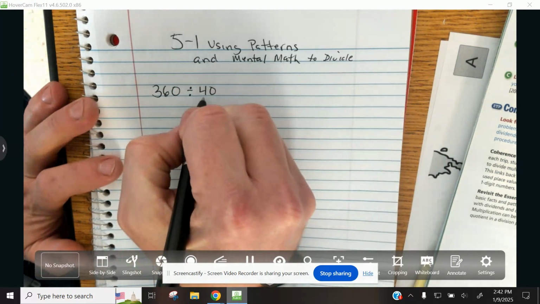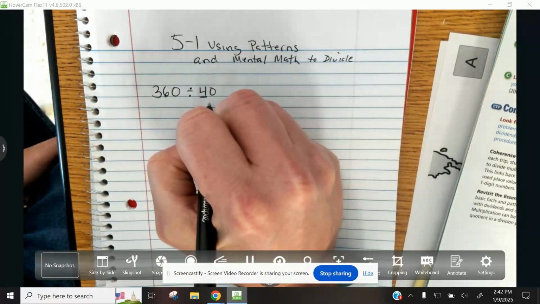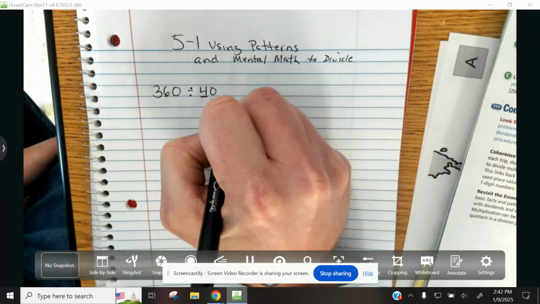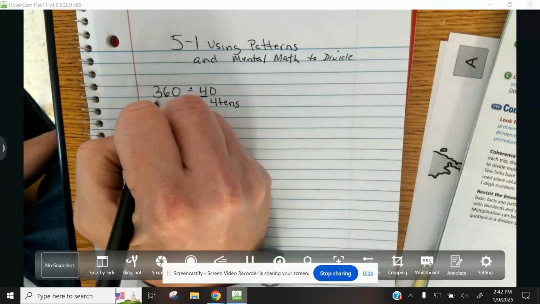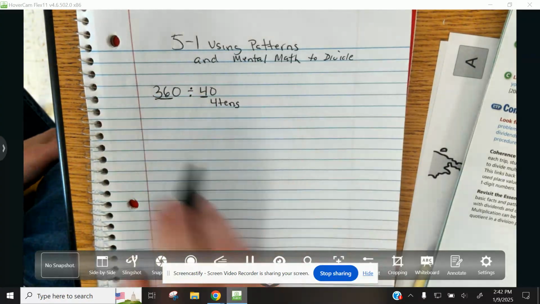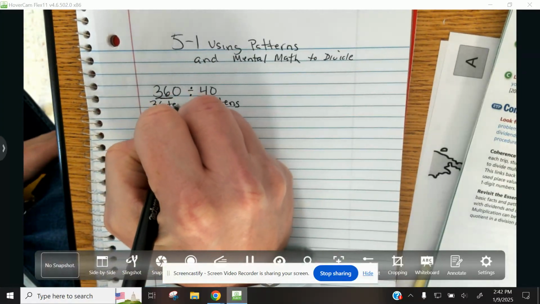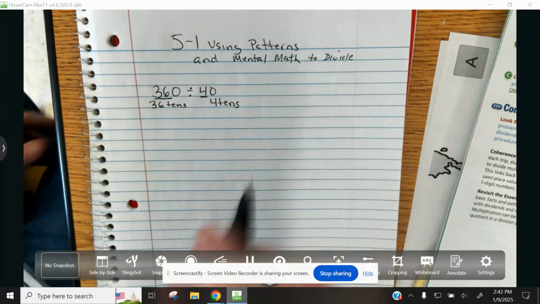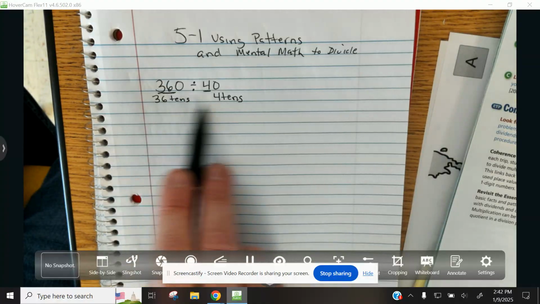Well, I see the number 4 in 40, and basically what this means is 4 tens. Here I see 36, and because I have the 0 behind it, I have 36 tens. If we think about it like this, these numbers are a little bit smaller.